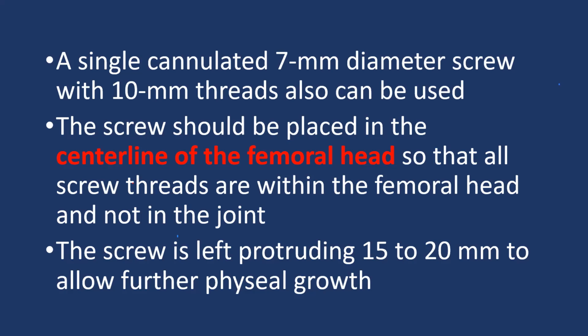It will block growth. You should have all types of screws available at all lengths and all lengths of threaded portions to be localized within the epiphyseal ossification center and nothing across the physis so as to allow growth. We leave it out 15 to 20 millimeters so that one can grow.